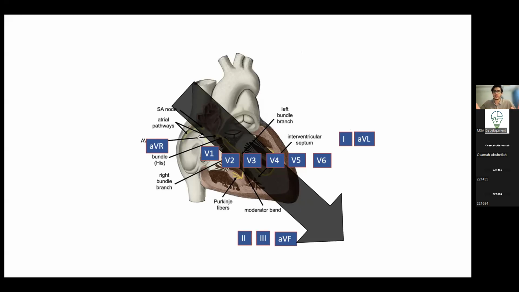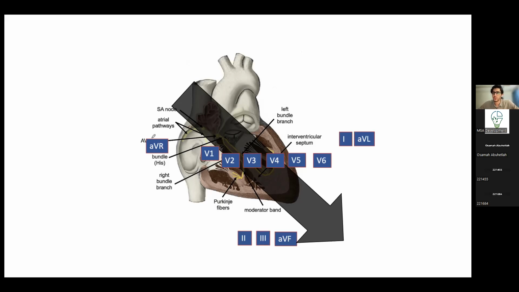And so once we've done all that, once we've attached all the electrodes, it comes down to this. If this is the heart, if this is the axis of the heart, this is where the depolarization wave is spreading, the leads are looking at the heart from these angles or from these vantage points, you can say. They're observing the heart from these points, all right?